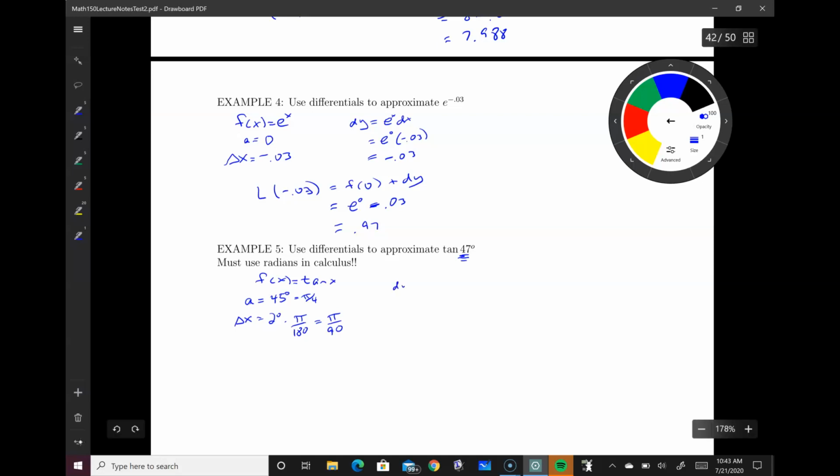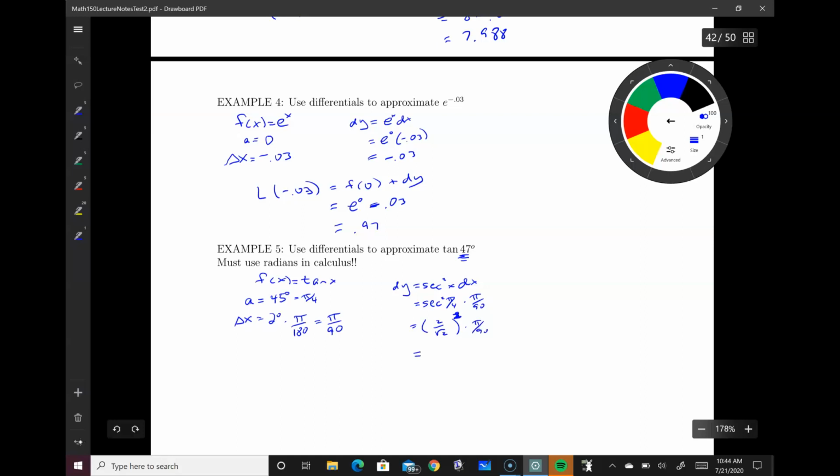All right, let's go find the dy, which is the derivative, secant squared of x dx. So I'm going to do secant squared of pi over 4 times the dx, which is pi over 90. So secant squared of pi over 4, let's put the squared on the outside, so this is going to be 2 over root 2, because it's secant, which is 1 over the cosine, times the pi over 90.